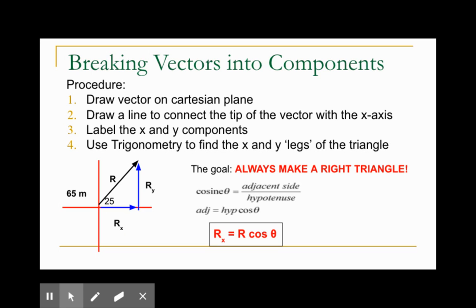To get r sub x by itself, we multiply both sides of the equation by the magnitude. So therefore, to find the x component, we take the magnitude of the vector and we multiply by the cosine of theta. So x is always cosine unless we're on an incline.